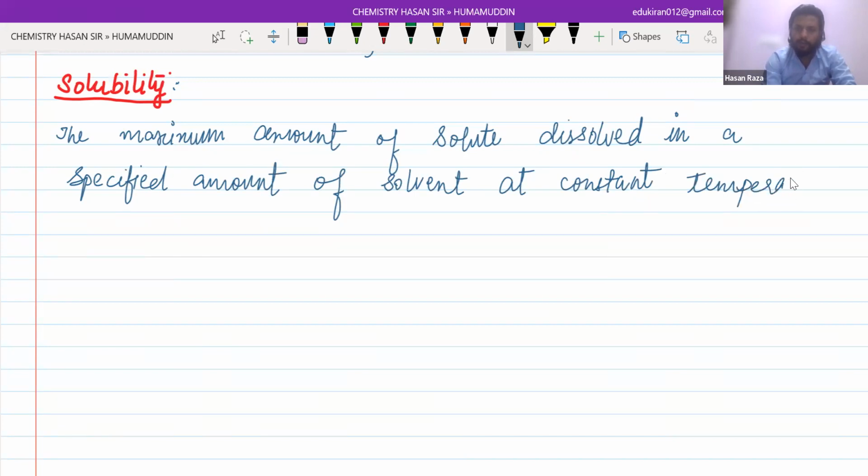So the maximum amount of solute that is soluble in a fixed amount of solvent at constant temperature, that is called your solubility.